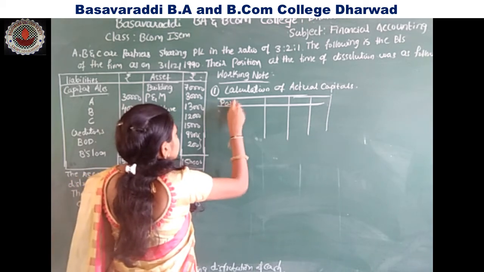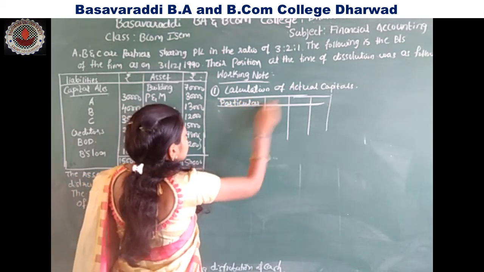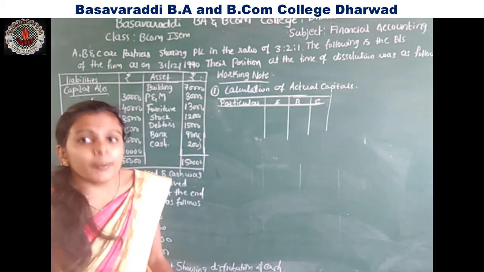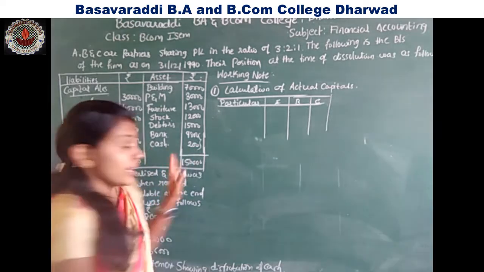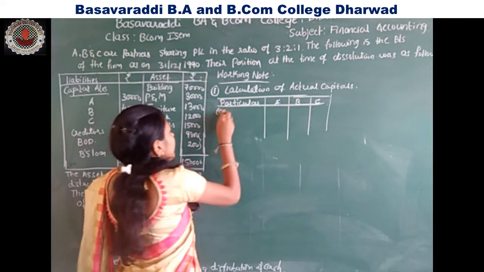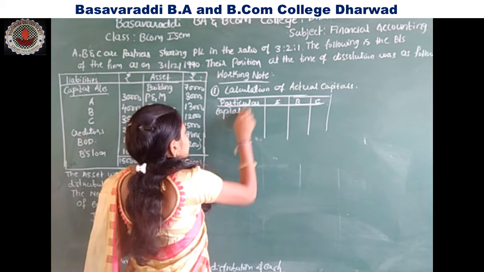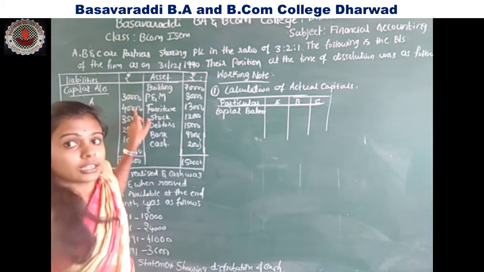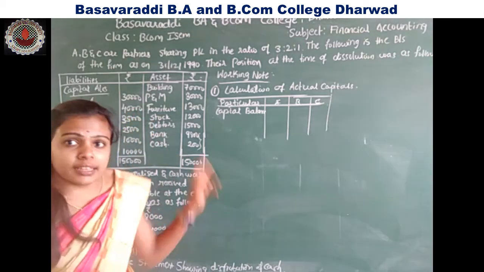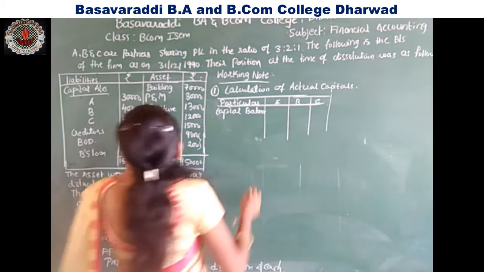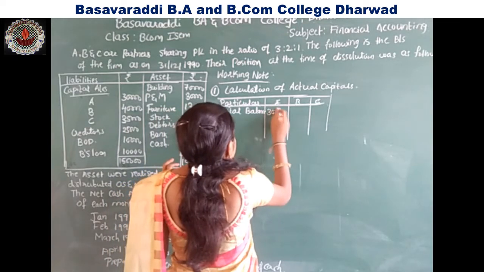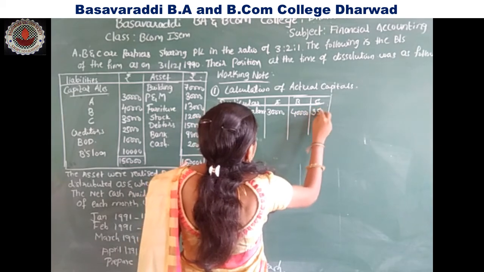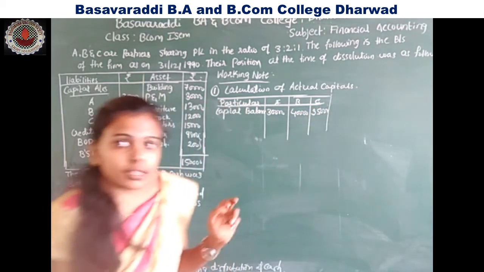Particulars: A, B and C. Capital balances as per balance sheet: 30,000, 40,000 and then 35,000.